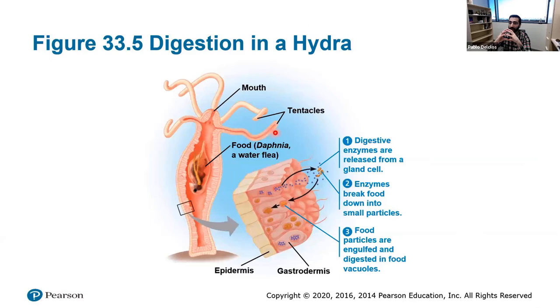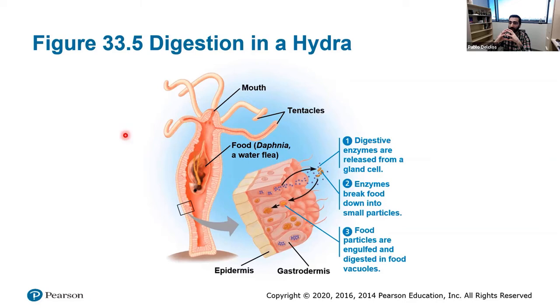Now, within this category of extracellular digestion, we can break it down even further in terms of whether or not the animal has a simple or a complex body plan. And so animals with simple body plans are things like sponges, as well as hydras, so things in the Cnidaria group.